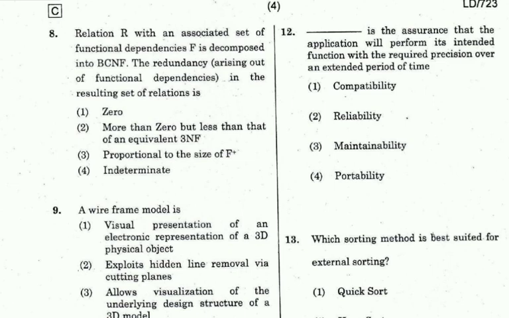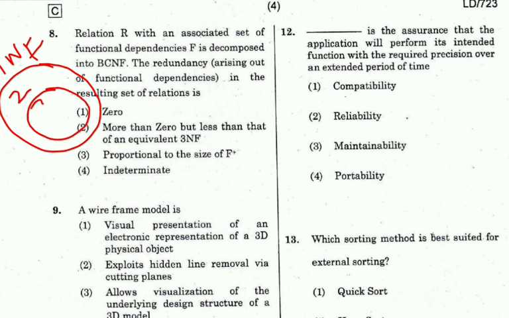The next question: a relation R with an associated set of functional dependencies F is decomposed into BCNF. The redundancy in the resulting set of relations is... So we know that in normalization, first normal form has second normal form, then third normal form, and then inside there is BCNF.